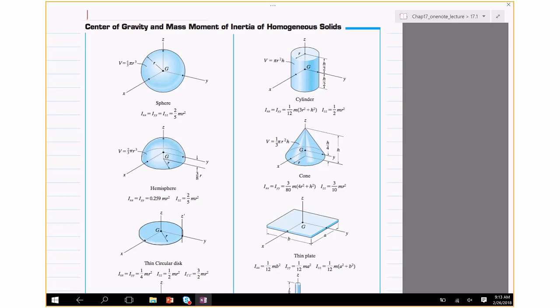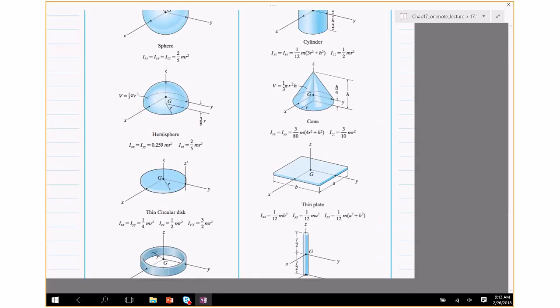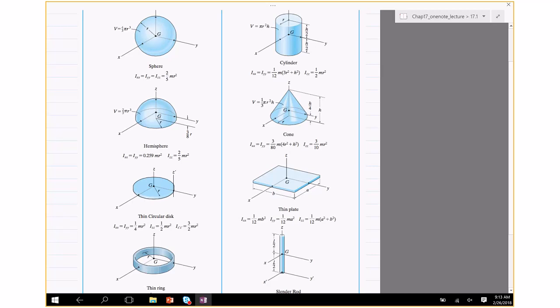Okay, here are 8 such geometries which are important. Sphere, hemisphere, disc, ring, cylinder, cone, rectangle, and then also a cylinder, slender rod, but that's a cylinder. Okay, so you're not expected to remember this. We'll give you the formulas.